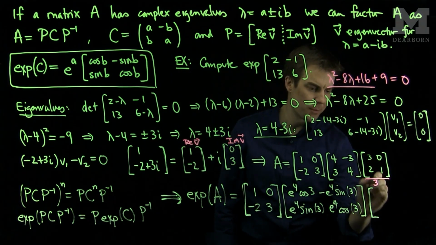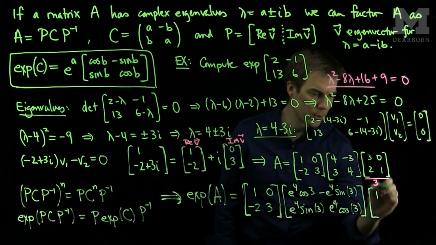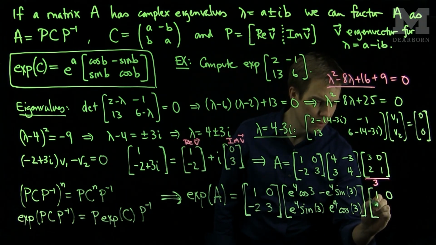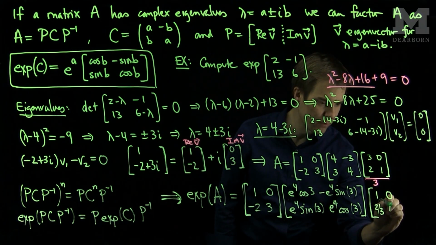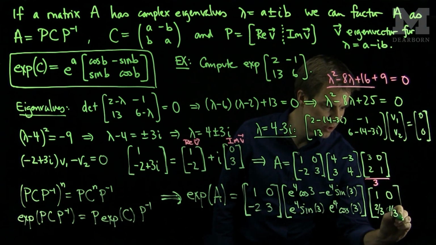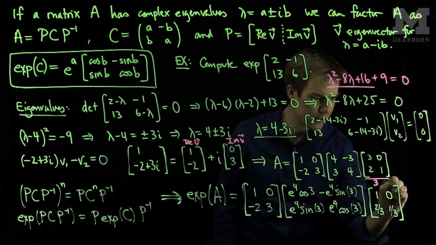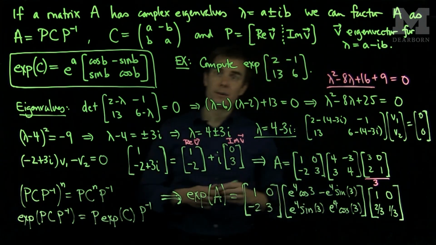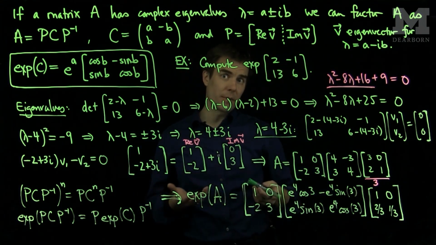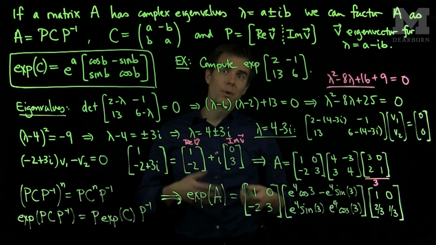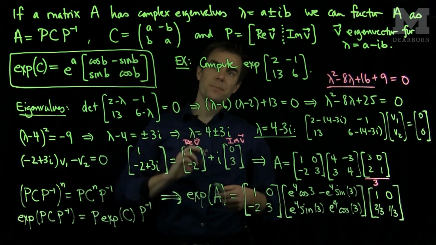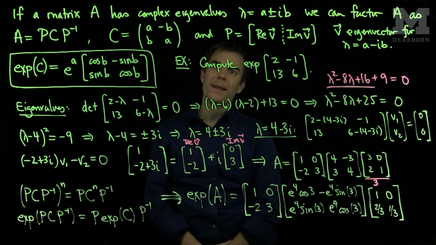It'll be 3 over 3, which is 1, 0 over 3, which is 0, 2 over 3, and 1 over 3. So by using this special factorization for matrices with complex eigenvalues, I'm able to compute the exponential of a matrix, using the same idea that we used to compute the exponential of a diagonal matrix, just with a new type of exponential with a special form. Thank you very much.